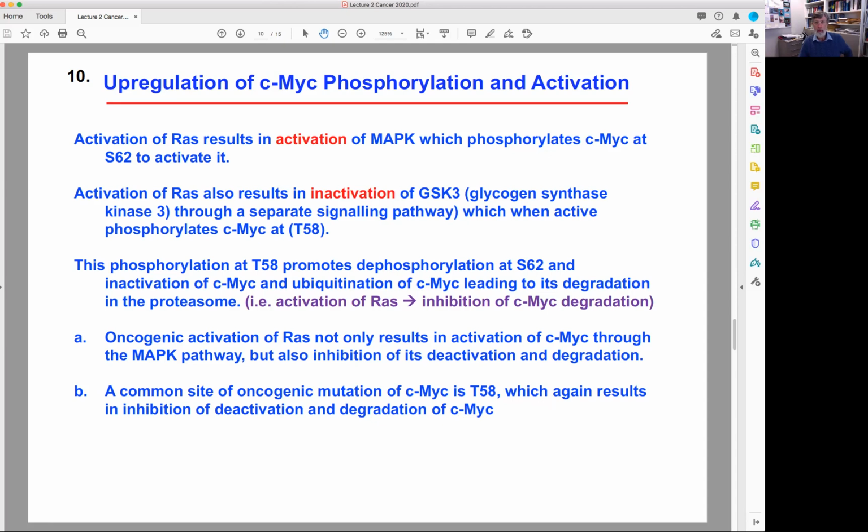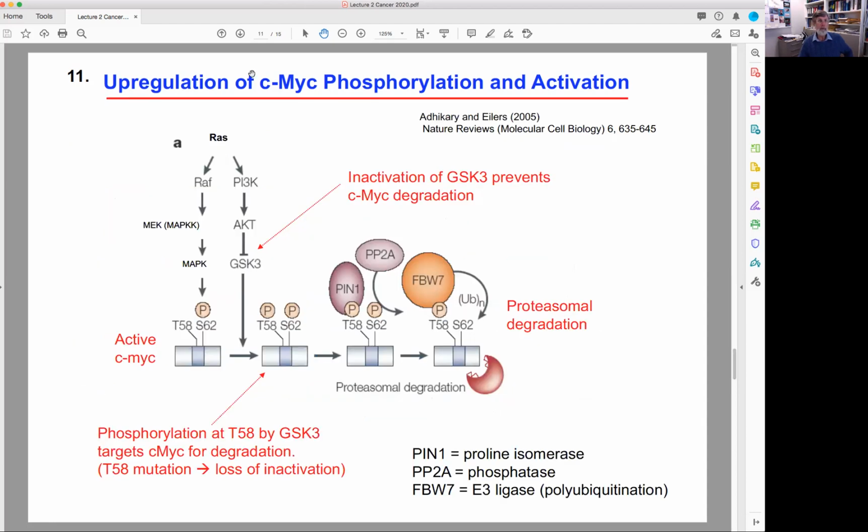So again, perhaps easier to understand in terms of a diagram rather than just the printed words or spoken words. So again, looking at the same thing, upregulation of c-MYC phosphorylation and activation. So RAS via two pathways can affect the level of active MYC.